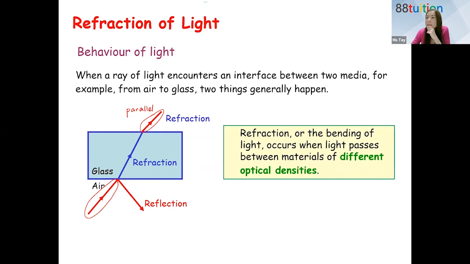It is actually the last second question, question 13, where you are asked to define refraction. Refraction is the bending of light when light passes between materials of different optical density.